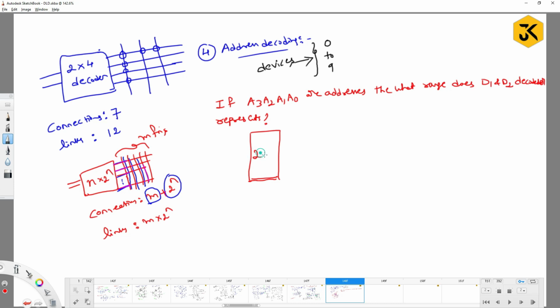It's a kind of 2 by 4 decoder where you are going to have 2 inputs, and basically you have an enable line. This enable line is always going to be 1 to get the respective output.